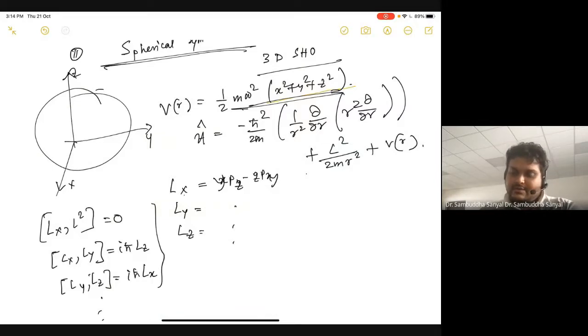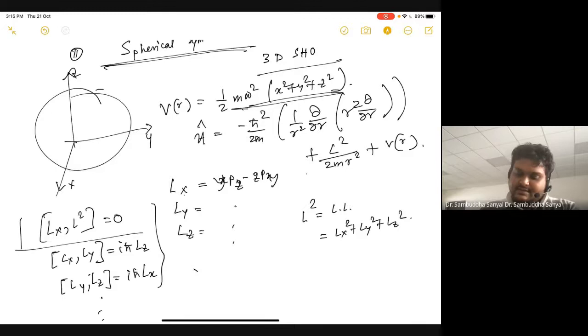Okay, so you will get this, and you will be able to find another object called L squared, which is the total angular momentum, nothing but Lx squared plus Ly squared plus Lz squared, which satisfies the same relations with all of Lx, Ly, Lz. So try to see this. All these things I'm telling you just to play and get your hands dirty, to get used to the calculation.